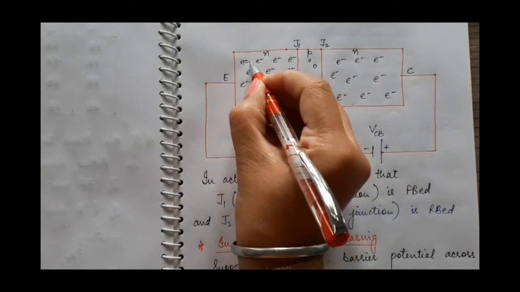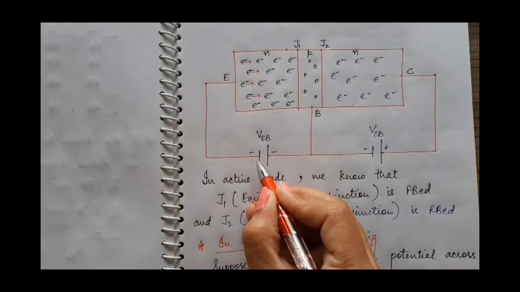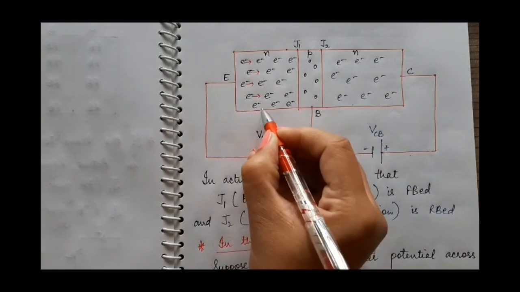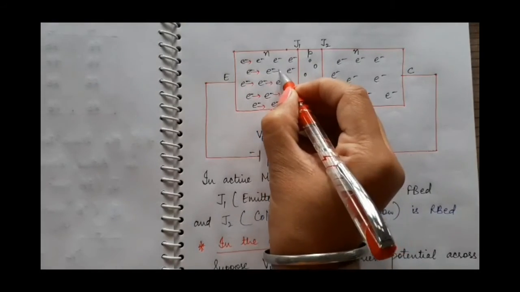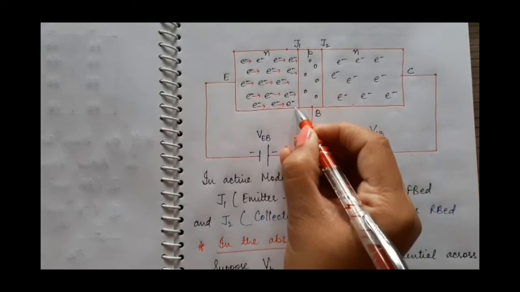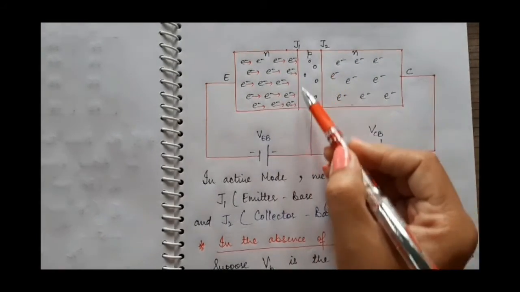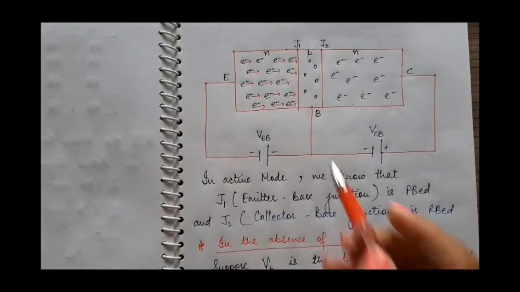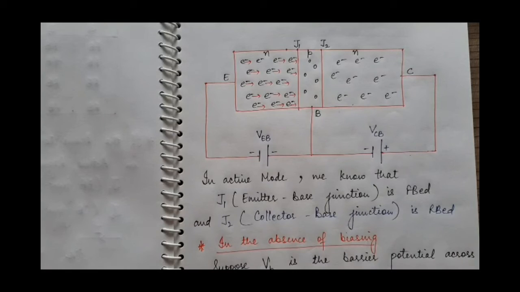So these electrons will move towards the junction because of this negative terminal of the forward biasing, because they will suffer repulsion. They will cross the junction because now the potential barrier is reduced, and they will enter into the base, that is p-type, and there they will recombine with these holes.